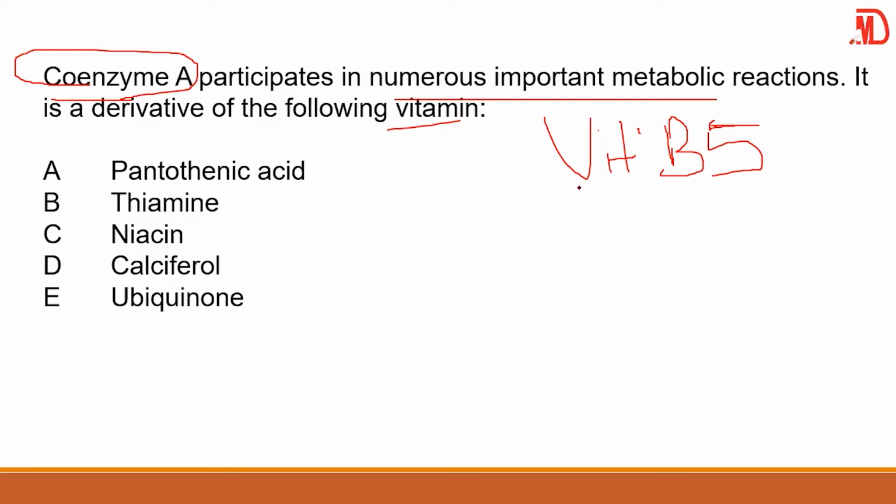Pantothenic acid. So, of course, we can conclude that coenzyme A is a derivative of pantothenic acid. So over here, your answer becomes what? A. Your answer is A. All right.